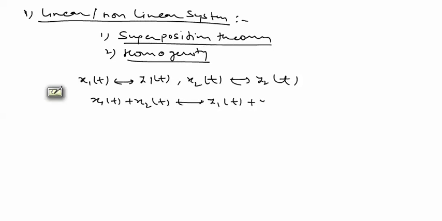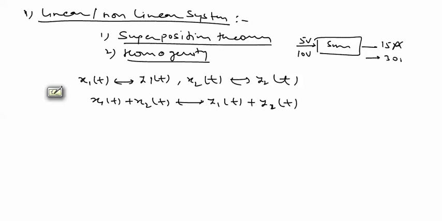We can say in network theory also, a system with a 5 volt input gives a result of 15 volt, 15 ampere. With a 10 volt input, the result may be 30 ampere.